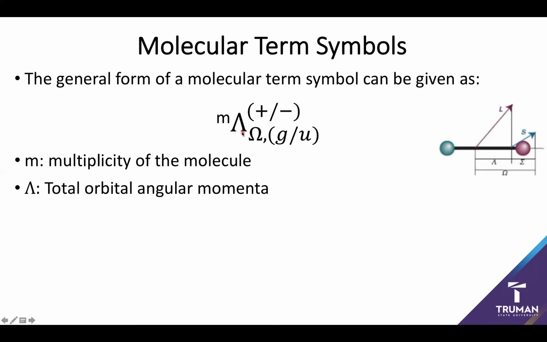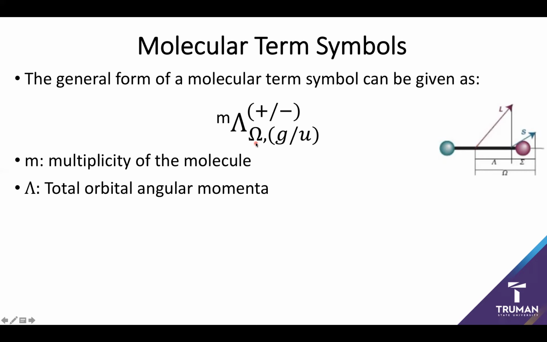So we replace the L for an atomic system with a lambda. Get familiar, we're going to have a lot of this happening with replacing Roman letters with Greek letters. So this is going to tell us a lot about the orbital angular momenta of electrons traveling around the bond.